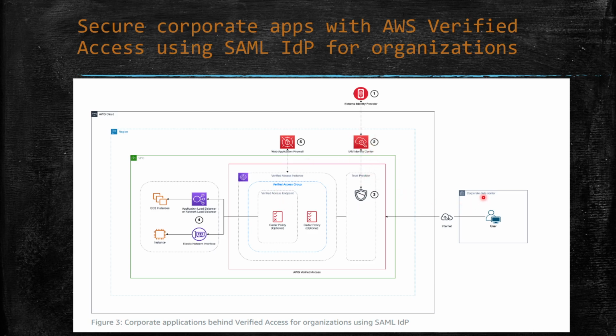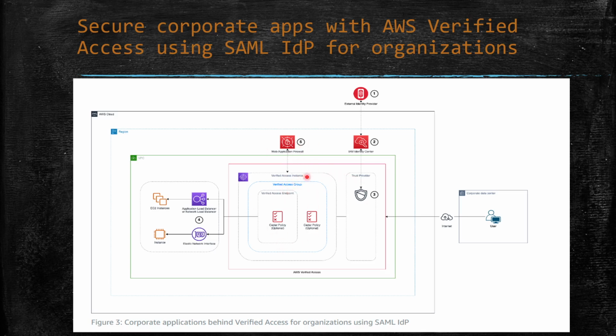So how does the flow look? The user connects from the corporate data center, and it still goes through the internet. Whenever they type abc.com, it first opens the Identity Center page for authenticating and authorizing with 2MFA.